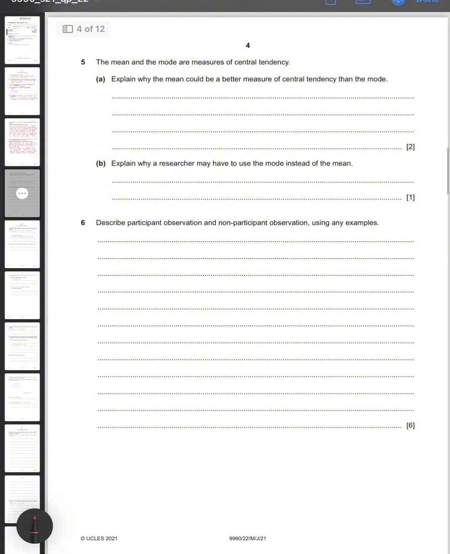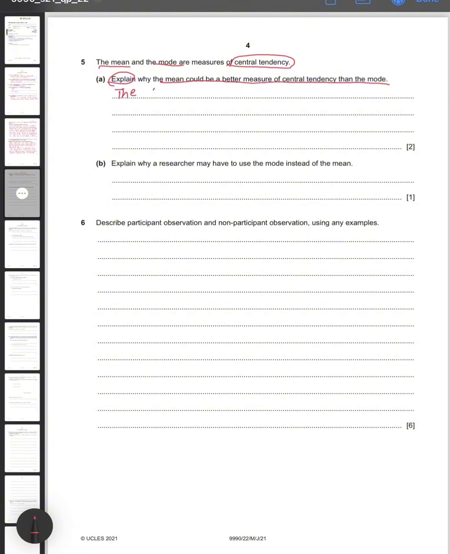Now question number 5 says the mean and the mode are measures of central tendency. Explain why the mean could be a better measure of central tendency than the mode. So we first need to clarify what is meant by mean and what is meant by mode, and once you have referred to the definitions in your mind, then you can write the differences.